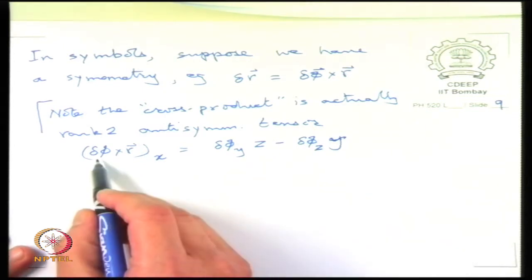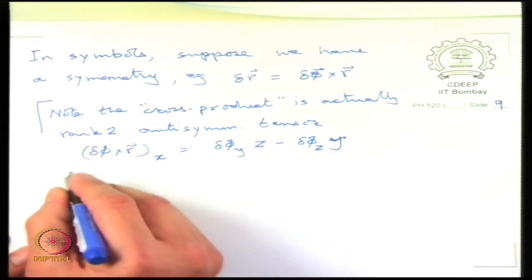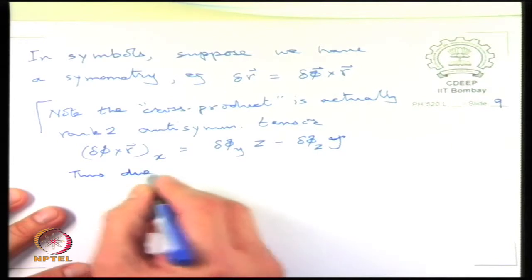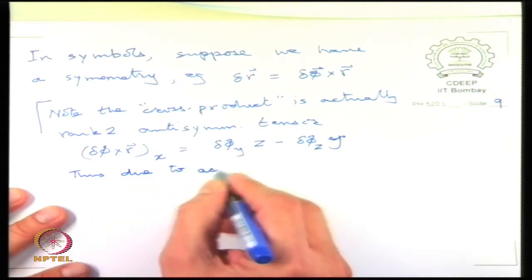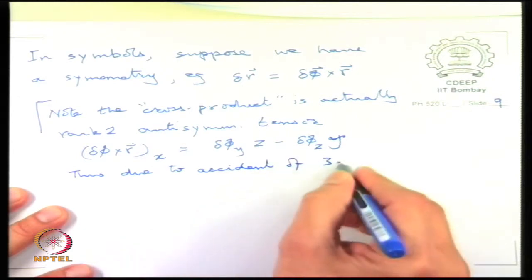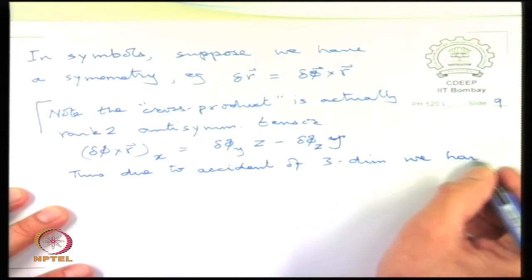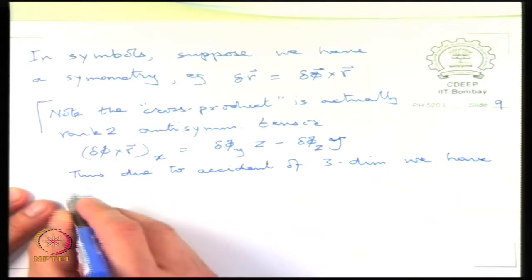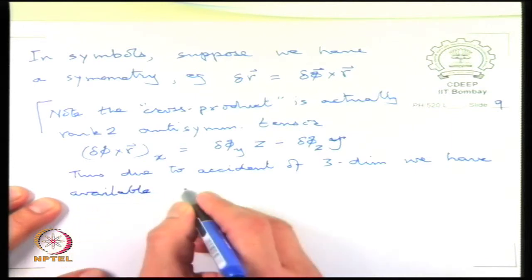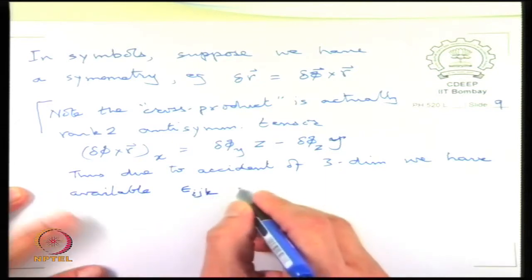So, actually what we do is we map, due to an accident of 3 dimensions, we have available the Levi-Civita tensor with 3 indices.